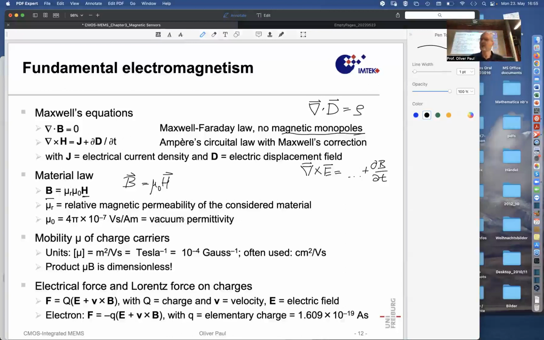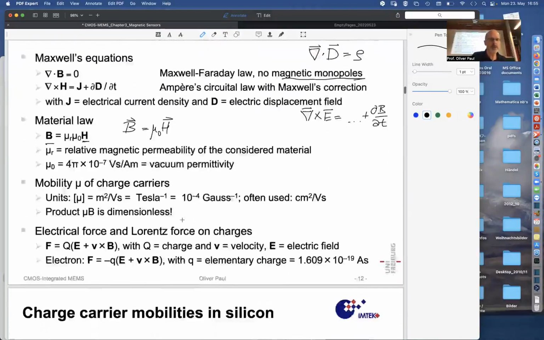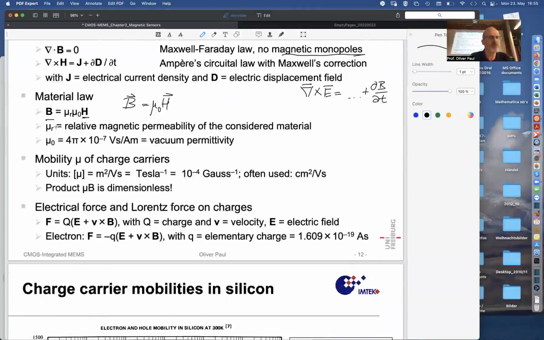So you have highly magnetizable materials that have a mu R of 1,000 or 10,000 for antennas, for instance, and then the B is magnified by that material, which can be very handy. So then, in addition to these mu's, we also have mu without an index, or later this will have the index n, and even h, and that will be the mobility of charge carriers in a solid.